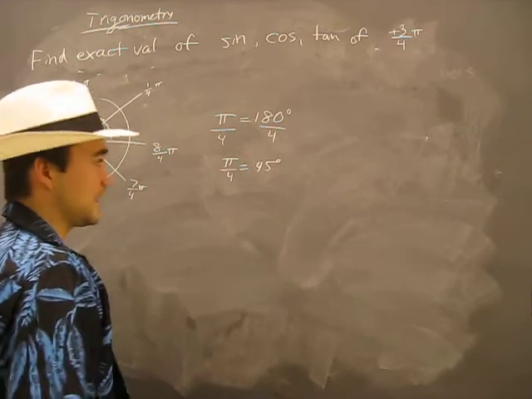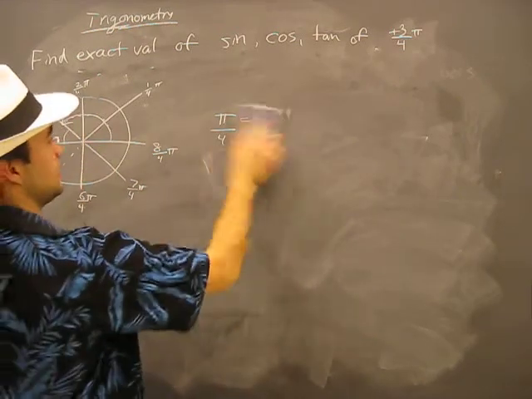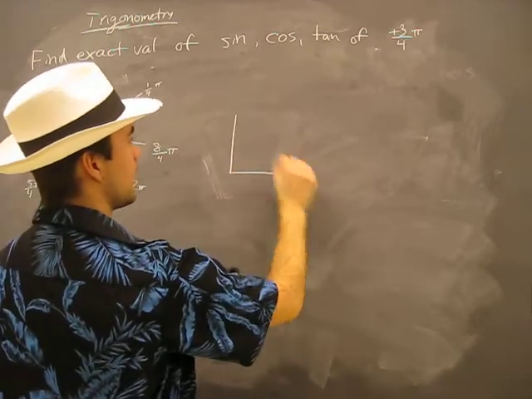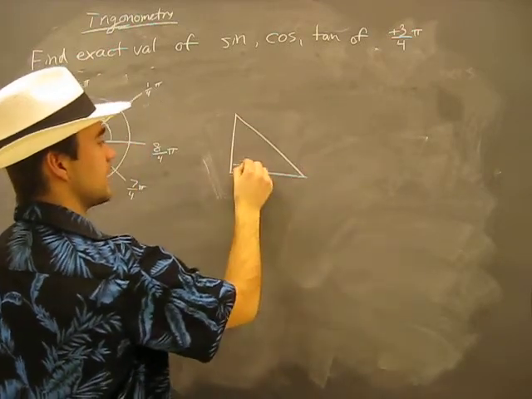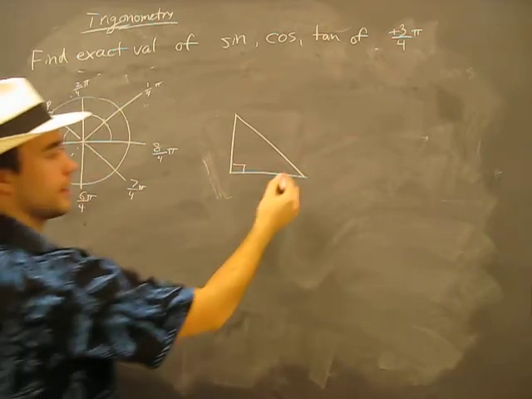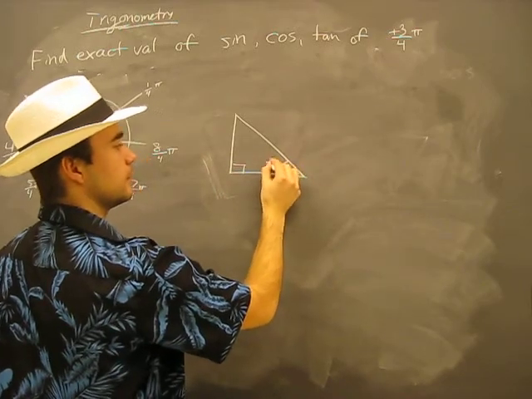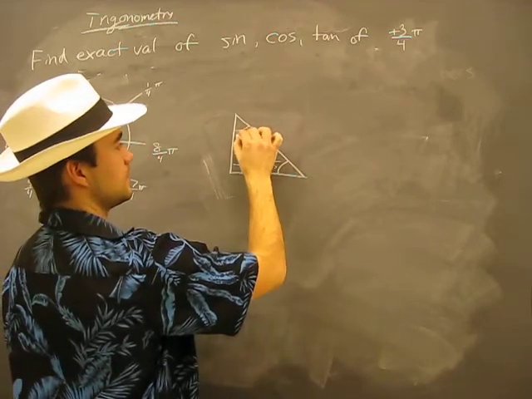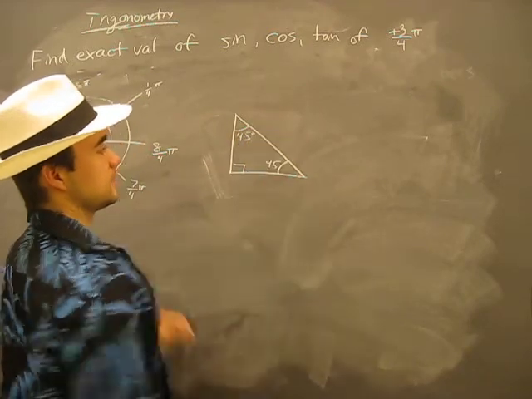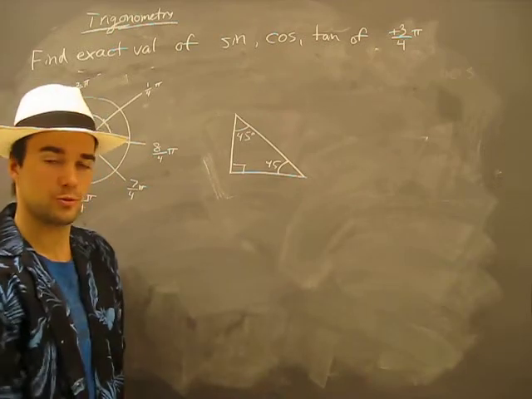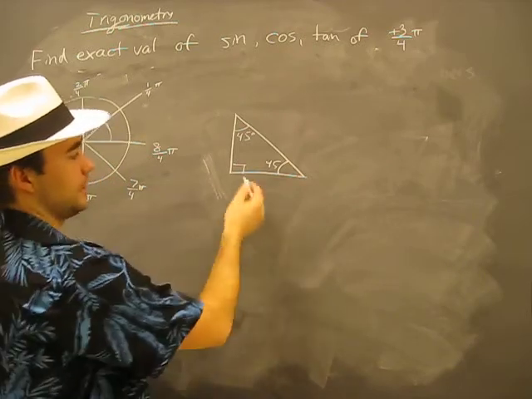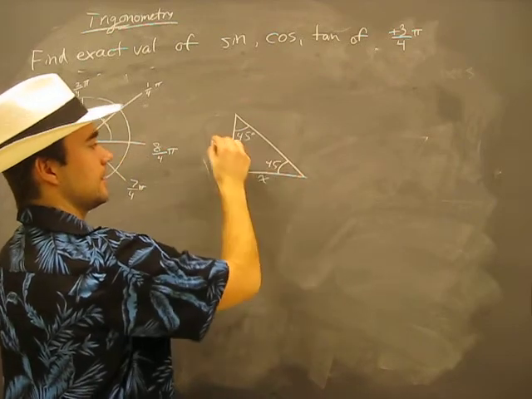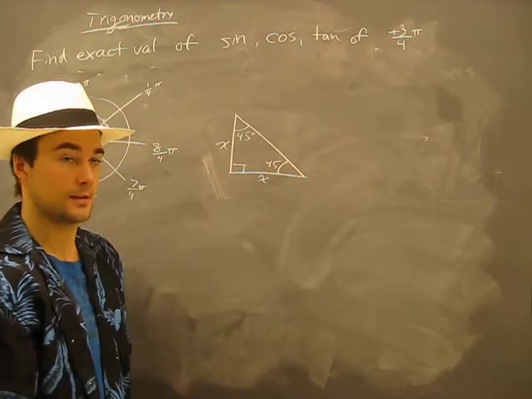What that means then is that we're dealing with a triangle that has 90 here, this here is 45, and if the total degrees are 180, that means that this side is also 45 degrees. So this is another special case of triangle where we have the same angle here. What that means is that this side and this side are the same.